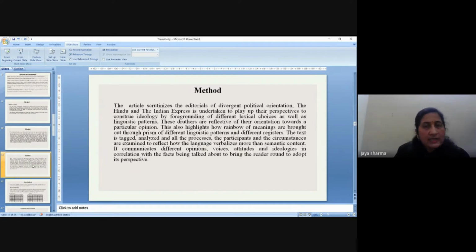This also highlights how a rainbow of meanings is brought out through the prism of different linguistic patterns and different registers. The text is tagged, analyzed, and all the processes, participants, and circumstances are examined to reflect how language verbalizes more than semantic content. It communicates different opinions, voices, attitudes, and ideologies in correlation with the facts being talked about to bring the reader down to adopt its perspective.